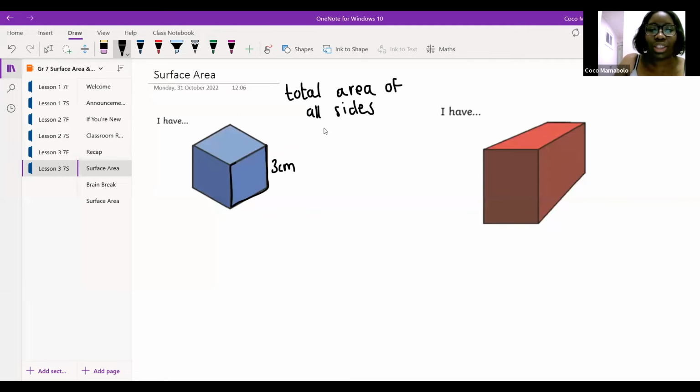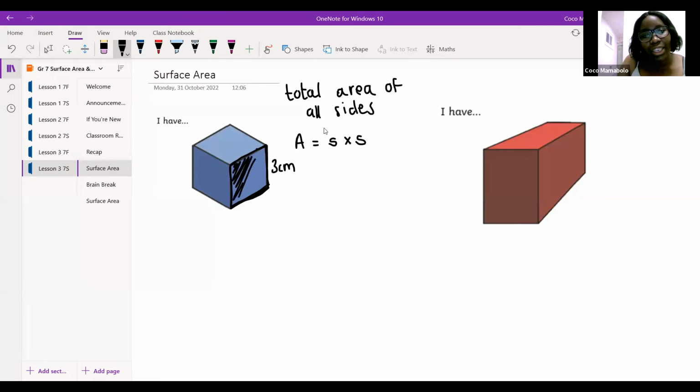Guys, what shape am I highlighting over here? What kind of shape is this? Just this one side, it's a square. Now, if I had to calculate the area of a square, I'm going to calculate side times side. I just want the area of one face.